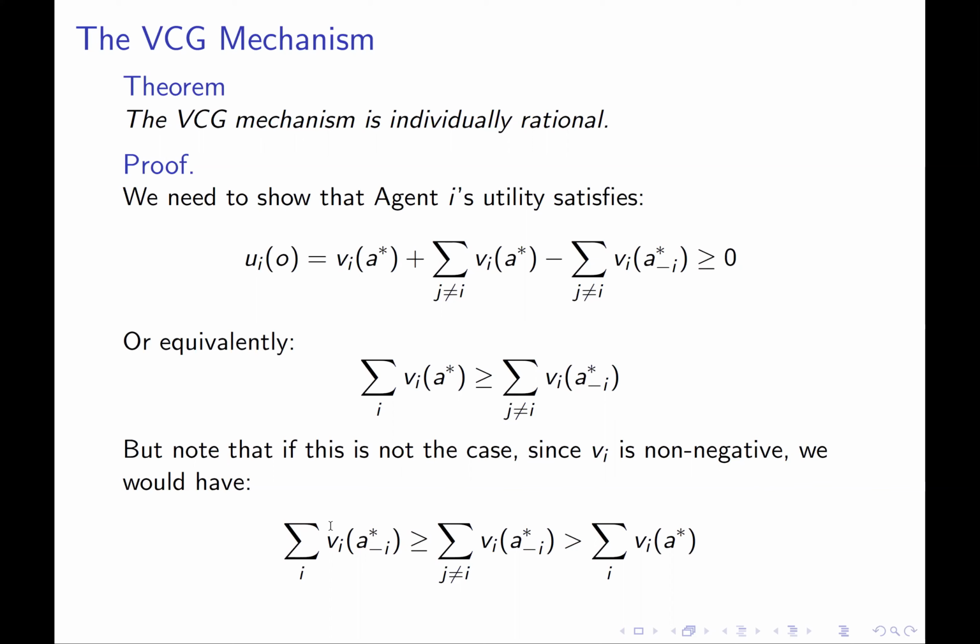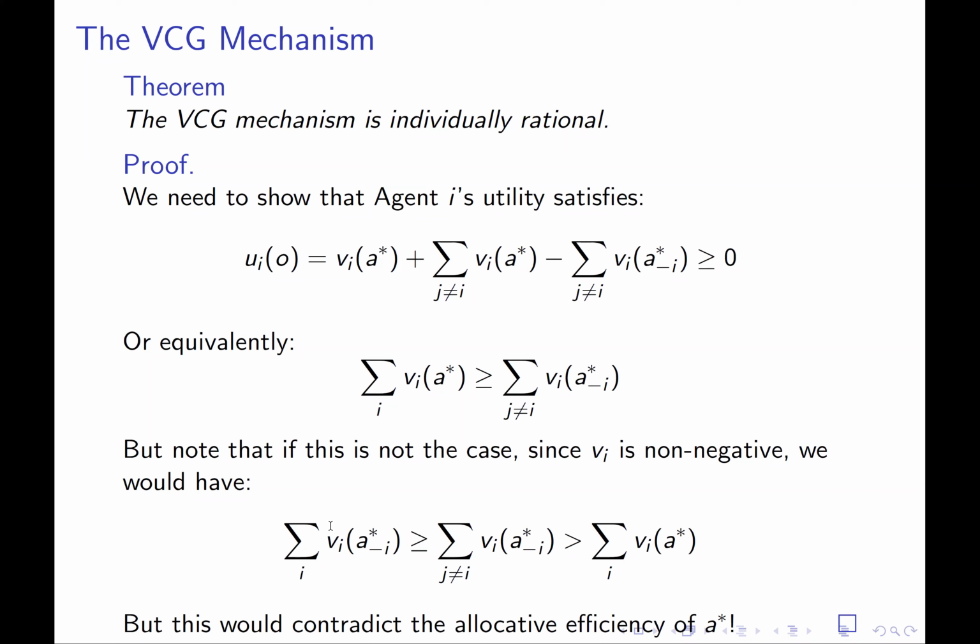And if we didn't satisfy individual rationality, this would have to be strictly larger than the sum over everyone's value for the alternative that was actually chosen, A star. But that's a contradiction, because what's A star? A star is explicitly the alternative chosen to maximize social welfare, right?